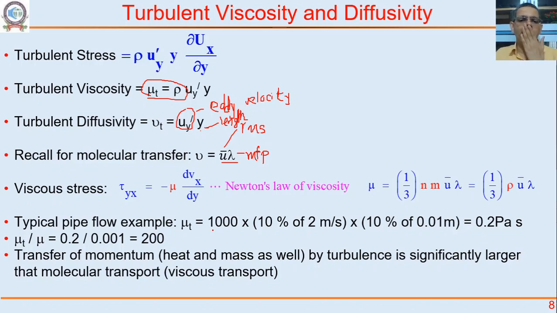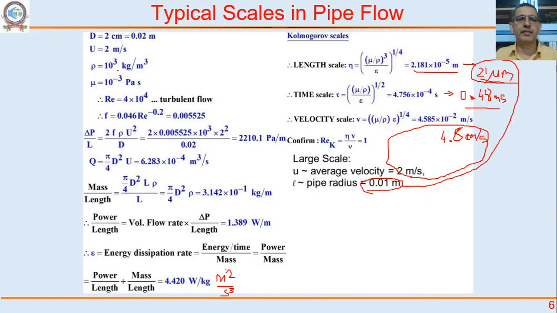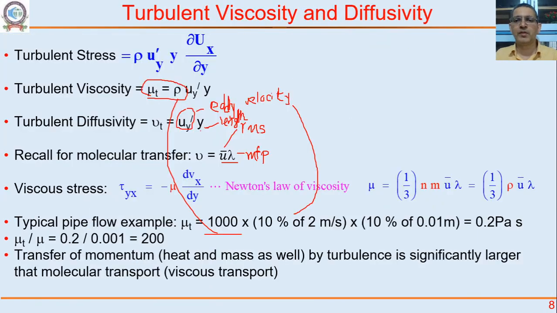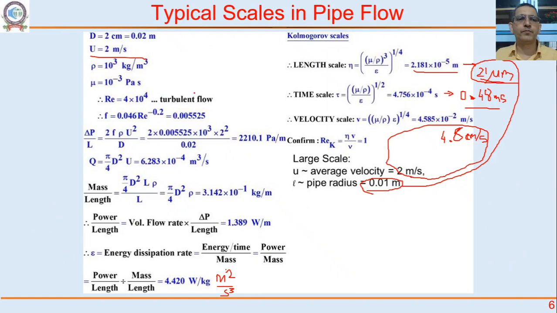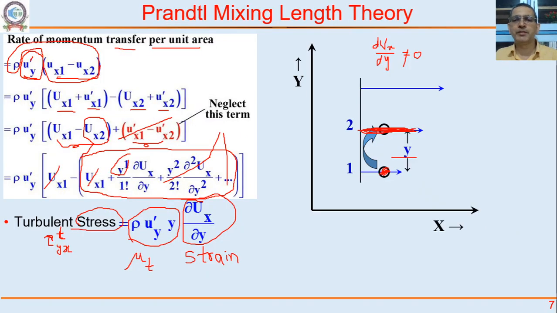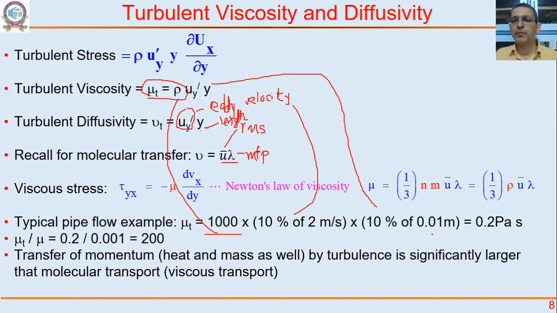Again, typical example, if I take mu t as rho 1000, u prime eddy velocity, let's say 10% of the cross sectional average velocity, 10% of 2 meters per second, just at some location, just to know. And y is 10% of the pipe radius: diameter is 2 centimeters, 0.02 meters, radius is 0.01 meters, 10% of 0.01.